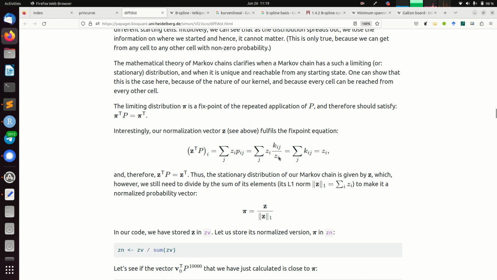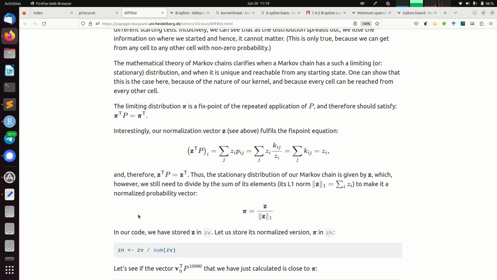And now the normalization that we put in cancels with the z that we put in, and we get back our original kernel matrix, summing over all of them. And because we sum over all of them, we get back our normalization, and then we're back at z. So that's a bit a strange mathematical thing, but you can imagine exactly as Philip said, because z sort of captures the density, and the density tells us where it is. But this is not roughly true, but because of this, it's exactly true.